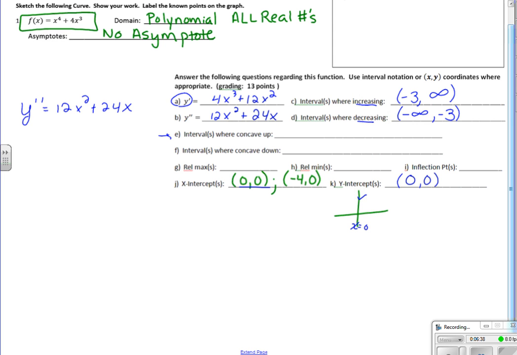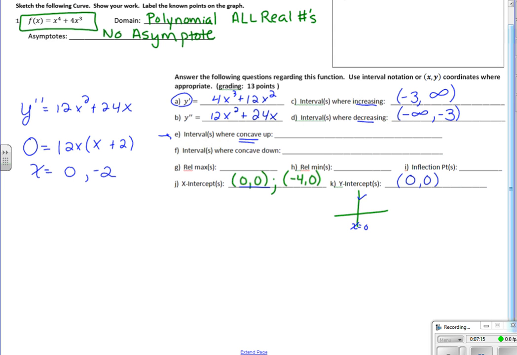This is going to give me information about concavity. So let's set this equal to 0. Let's pull out the 12x, and that's going to give me x plus 2. I have two key locations here, 0 and -2, where the second derivative is equal to 0. Second derivative does not exist results in no possible points from that scenario.